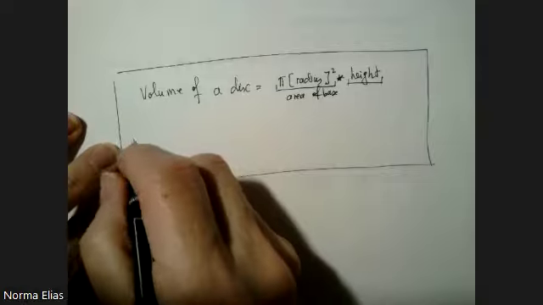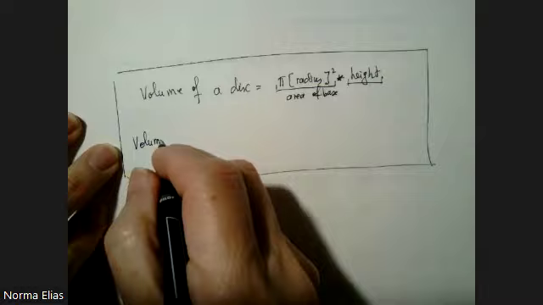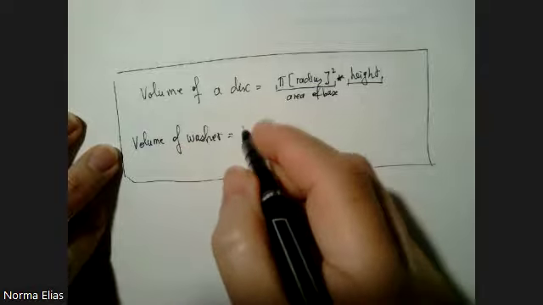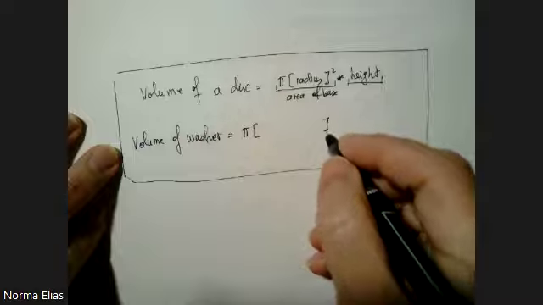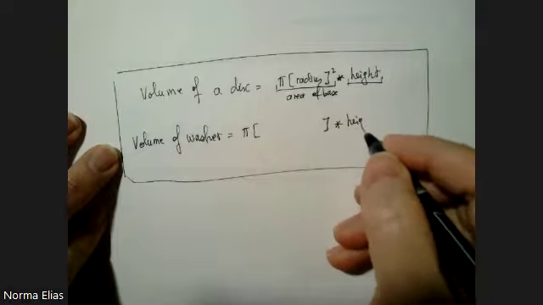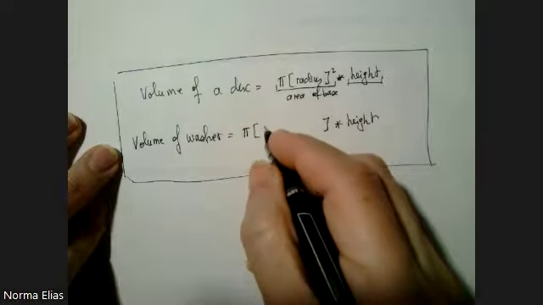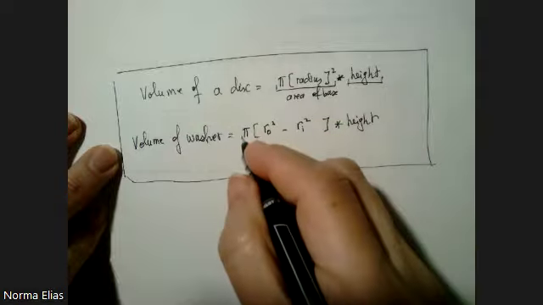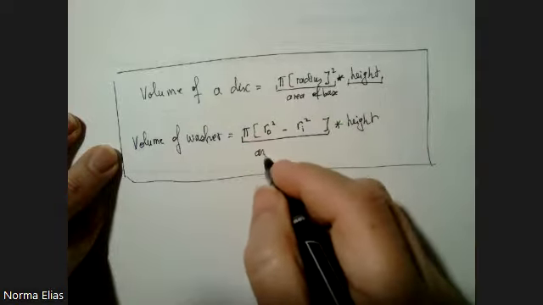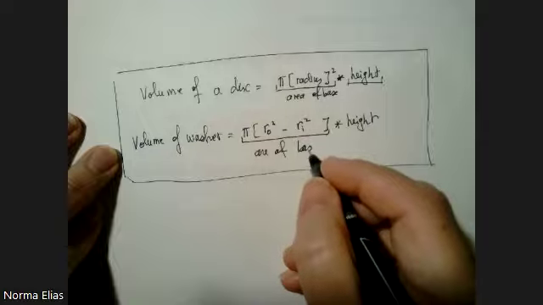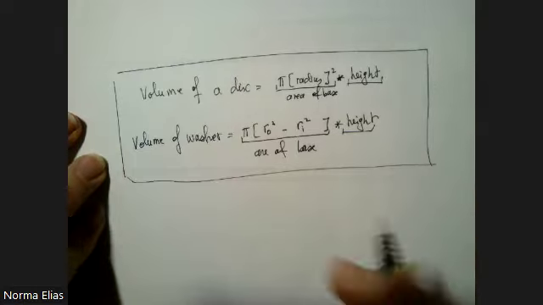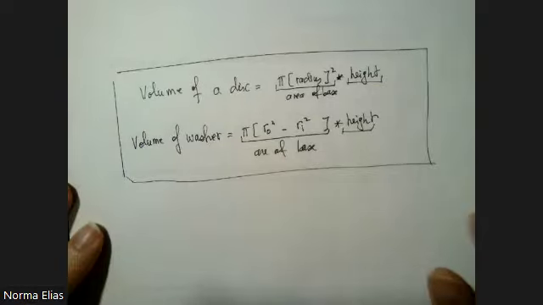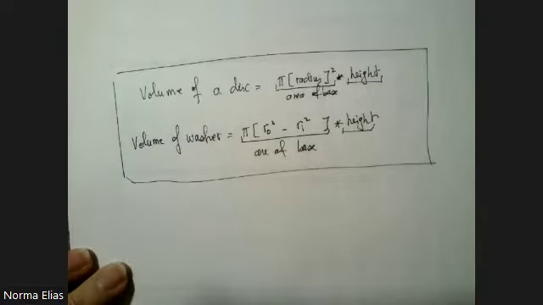And the other thing is volume of a washer, the one that we saw yesterday, which is pi times the height. The height usually is the delta y or the delta x. And this is the outer radius squared minus the inner radius squared. And this is the area of the base of the washer. And this is the height of the washer. So these are the only two formulas that I will require you to learn from this section. Everything else we'll figure out as we did yesterday.